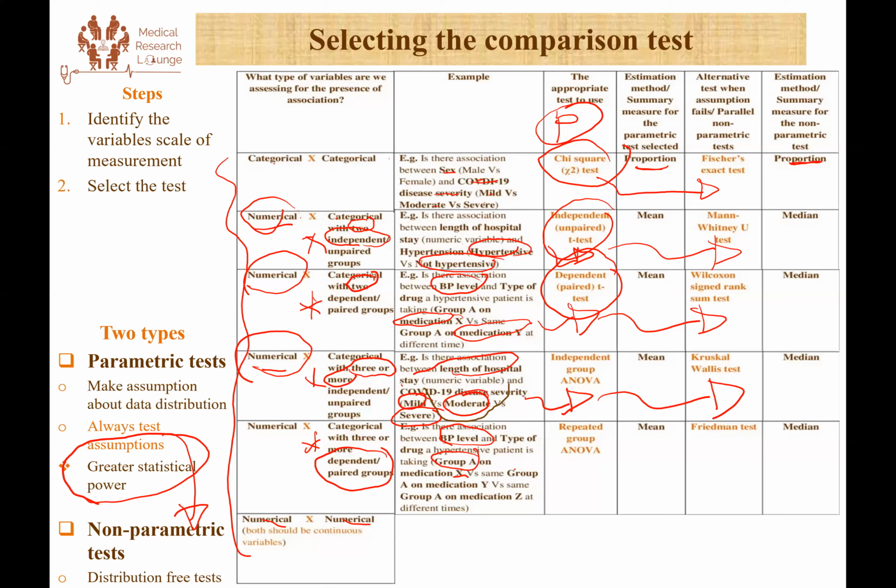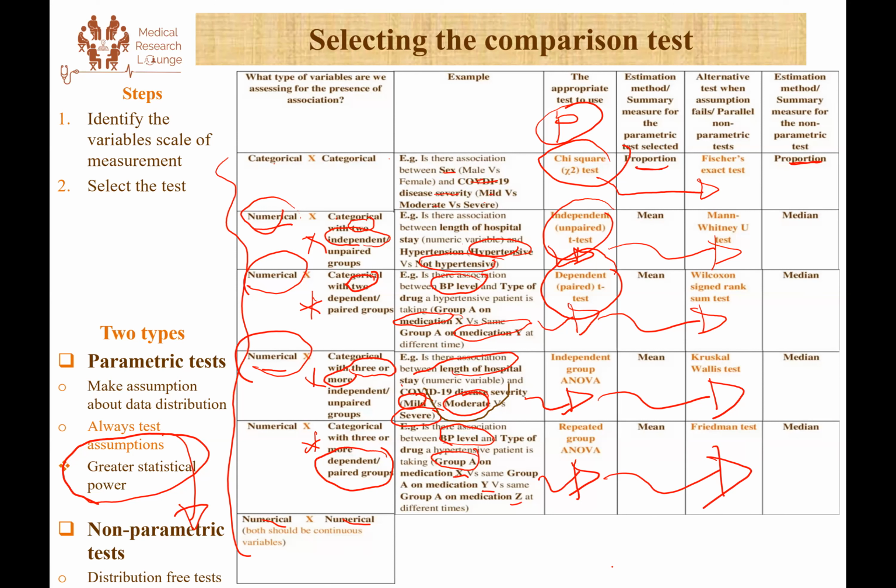Since there are three groups, we have to use ANOVA, but since the groups are the same group of patients, it's paired data, so we have to use repeated measures ANOVA. After picking repeated measures ANOVA, we test the assumptions. If the assumptions fail, we use the parallel assumption-free or distribution-free test, the Friedman test.